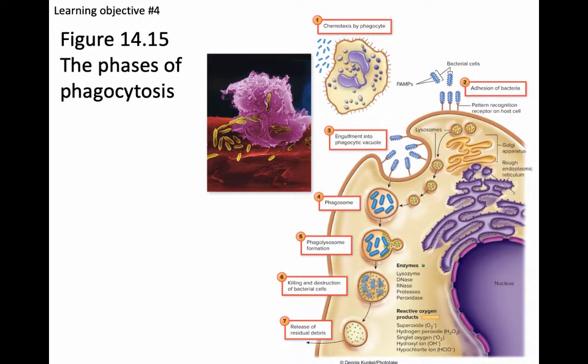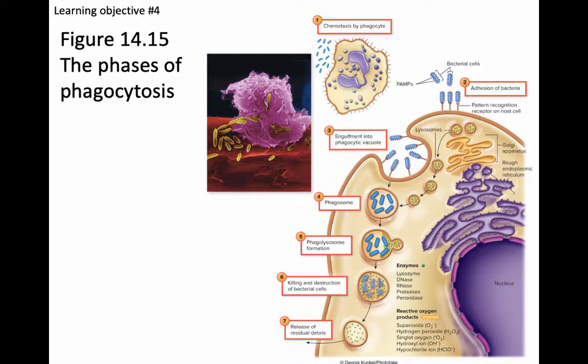Shown in this figure is a phagocyte in the lower right corner. We have a microbe, which is drawn as a very short blue bacillus, so it's kind of an oblong shape, and there's a little cluster of them in the upper left corner of the figure.